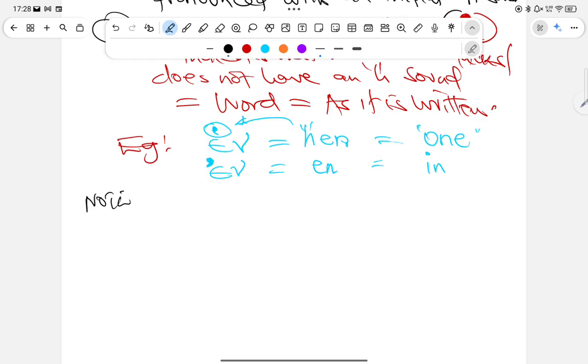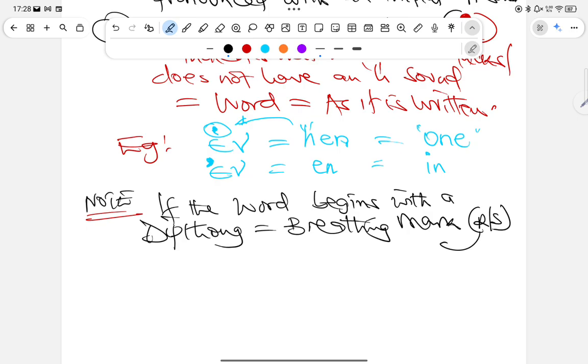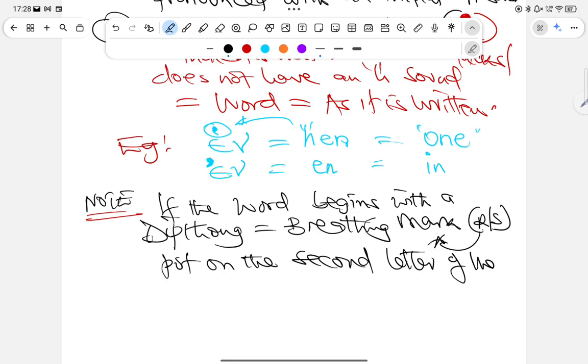Let me put a note here: if the word begins with a diphthong, then the breathing mark, whether rough or smooth, is put on the second letter of the word, which would be the second letter of the diphthong.